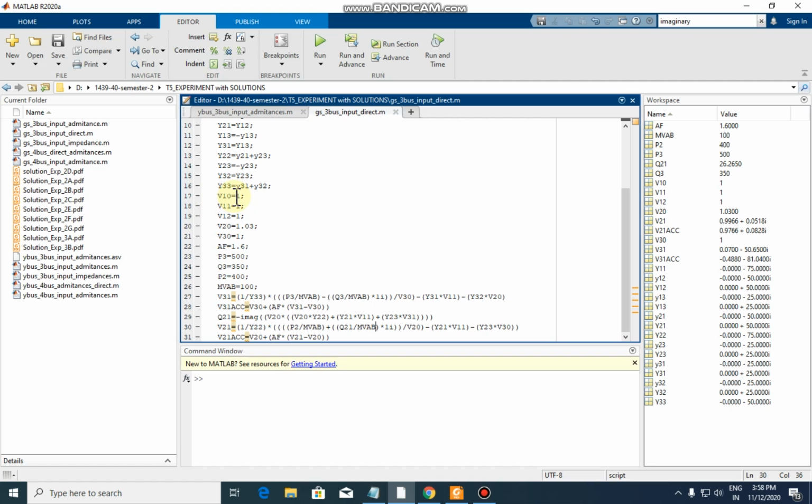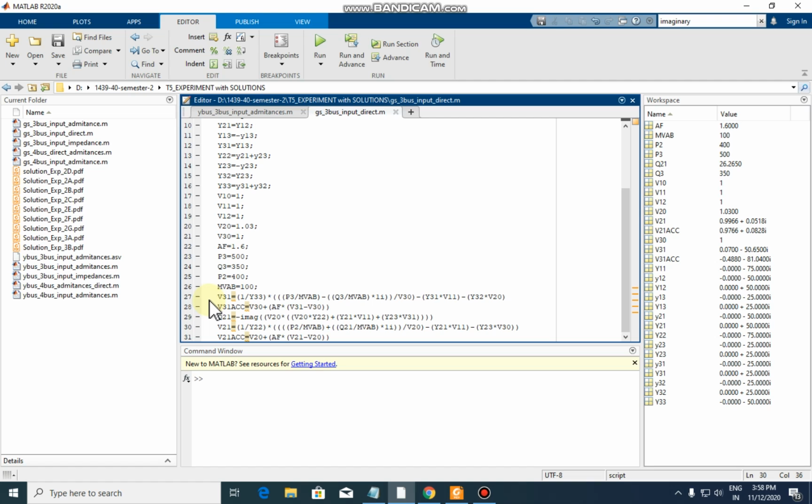V10 means V1 at the 0th iteration, V11 means V1 at the first iteration, V12 means V1 at the second iteration, V20 means V2 at the 0th iteration, and V30 is V3 at the 0th iteration. The acceleration factor is given as 1.6, the active power at bus 3 is 500 kilowatt, the reactive power at bus 3 is 350 kVAr, and the active power at bus 2 is 400 kilowatt, or whatever units are given, megawatt or kilowatt. The base MVA we will assume is 100.